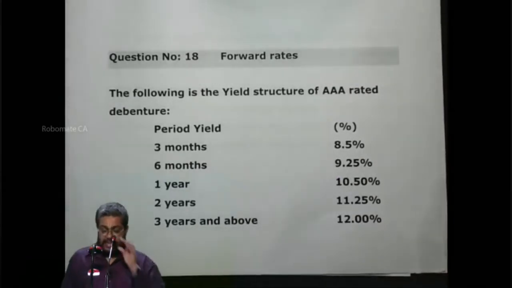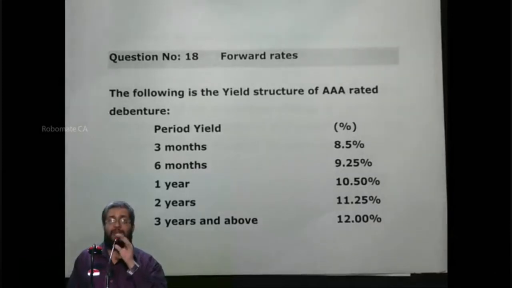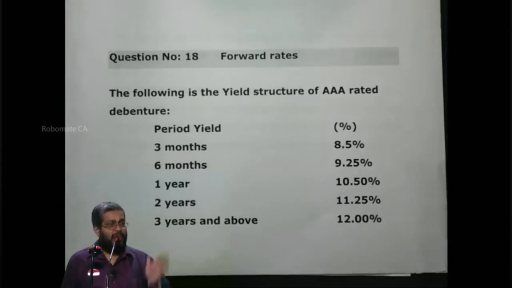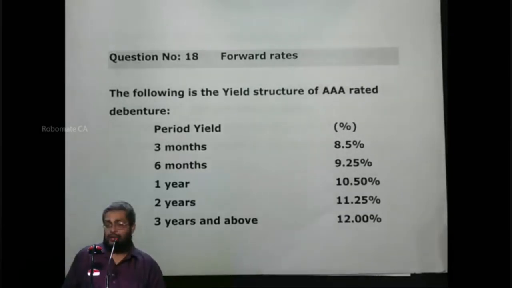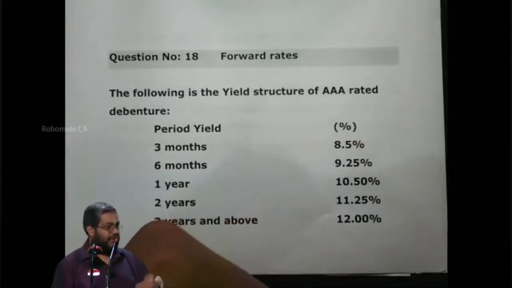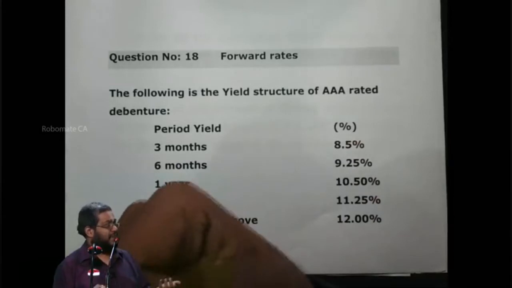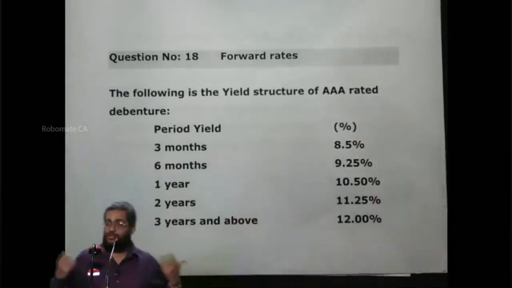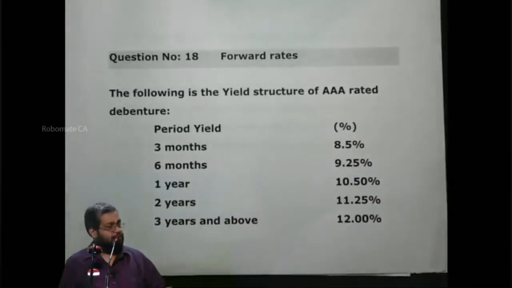Following is the yield structure of AAA rated debentures. Always understand one thing, companies going for a public issue should get their securities rated, right? Even equity shares should be rated. Not only bonds, any company raising money from the public should get themselves rated by a credible credit agency, by showing all their financials and future prospects, and based on the rating, the yield is generally perceived by the public.